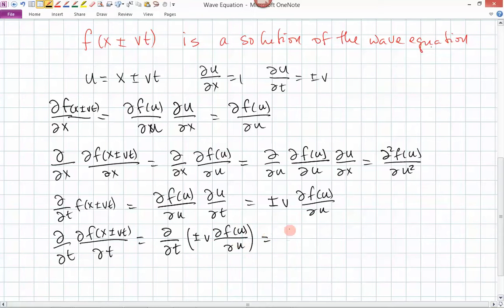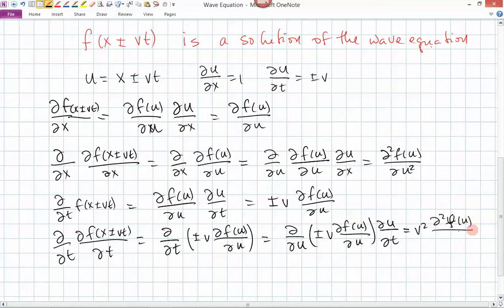This is equal to partial with respect to u of plus or minus v partial f of u with respect to u, times partial u with respect to t. So this gives me a plus or minus v, which gives me a v squared. So this is just v squared times the second partial of f of u with respect to u squared.